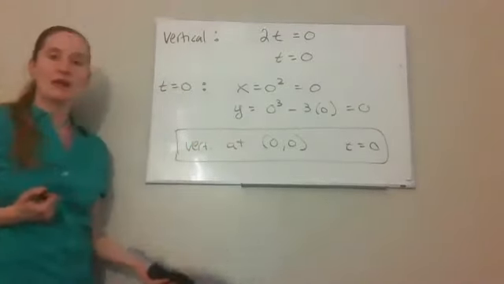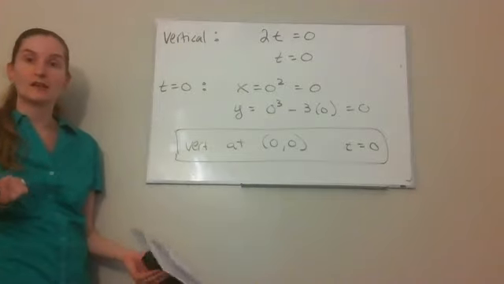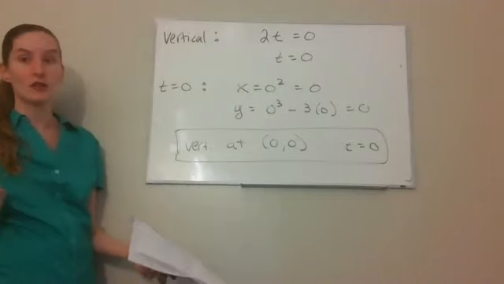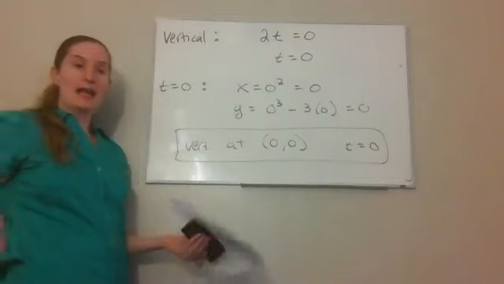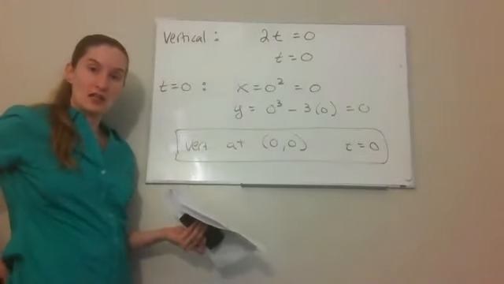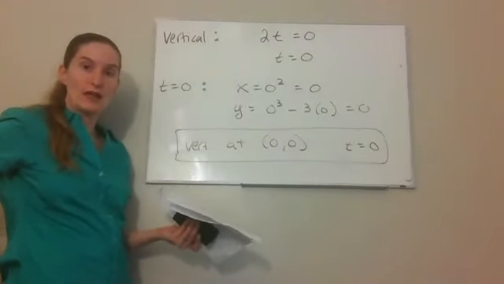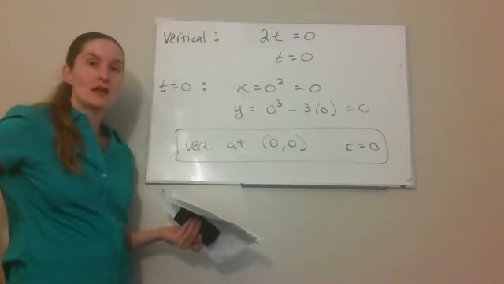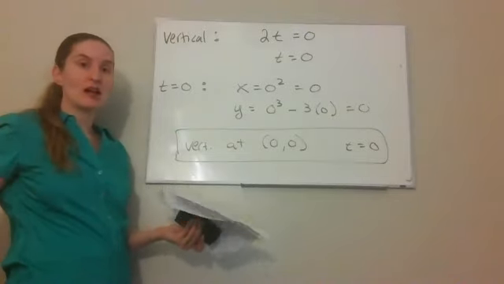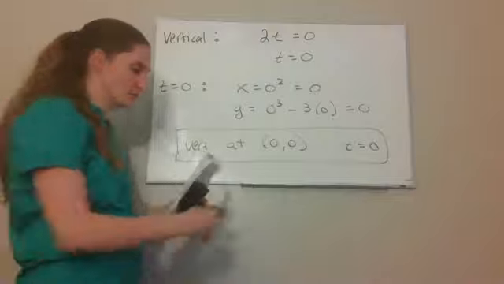All right, so now I already have my two tangent lines at the point (3, 0) with the equations that we found before. And I have a horizontal tangent line at two different points, (1, -2) and (1, 2). And I have a vertical tangent line at the point (0, 0).